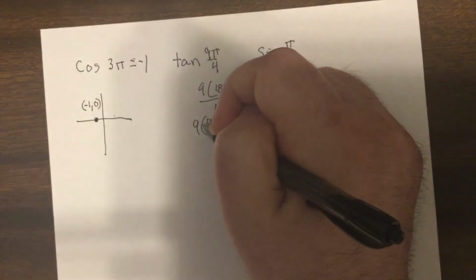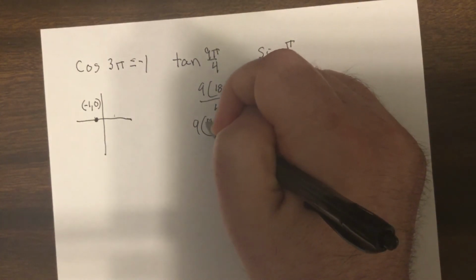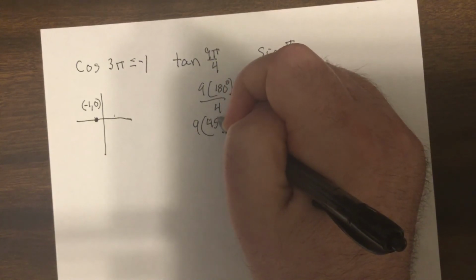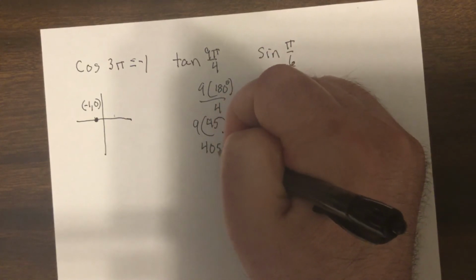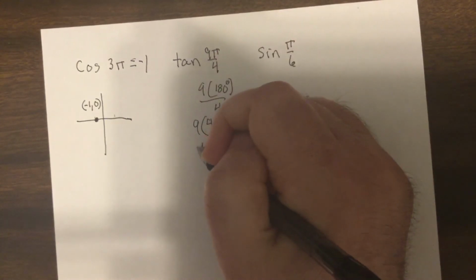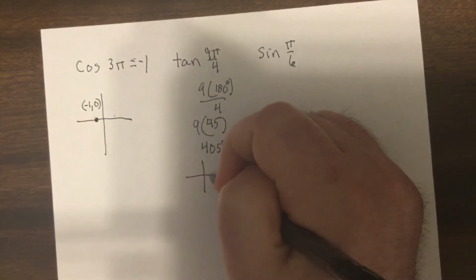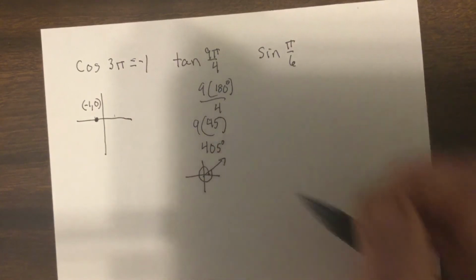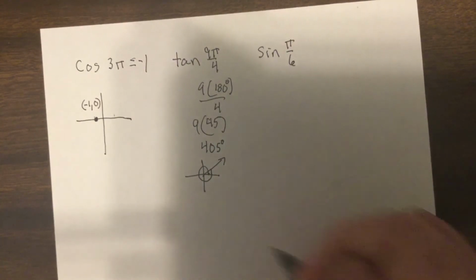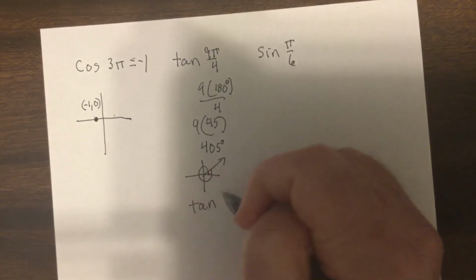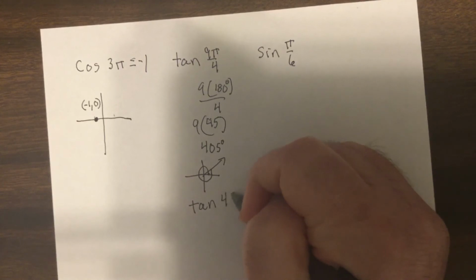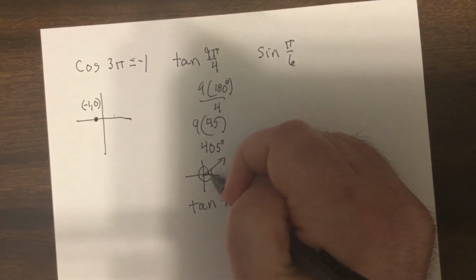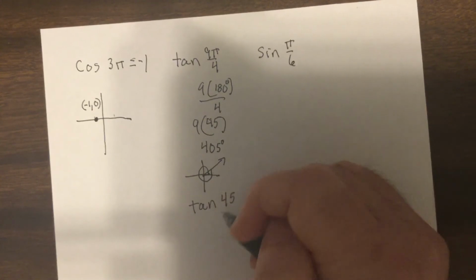And 45 times 9, that'd be 360 and 45, so it'd be 405. So draw an angle. This is 360, so it'd be 45 more. It's in the first quadrant. Tangent's positive in the first quadrant. The tangent of 45 is the reference angle, so it'd be 1.